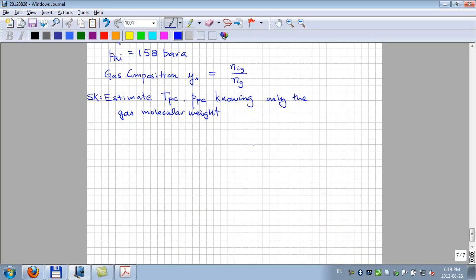More precisely, the gas specific gravity, or in SI it's called relative density.